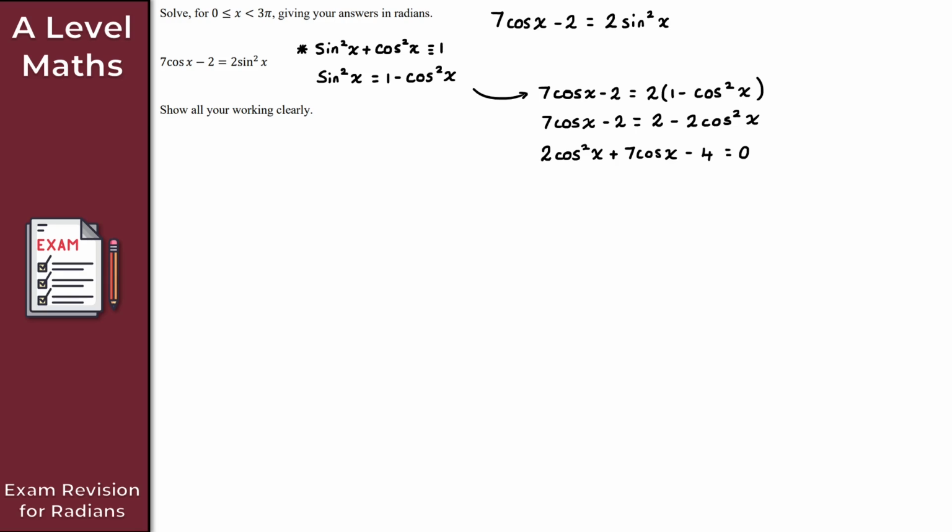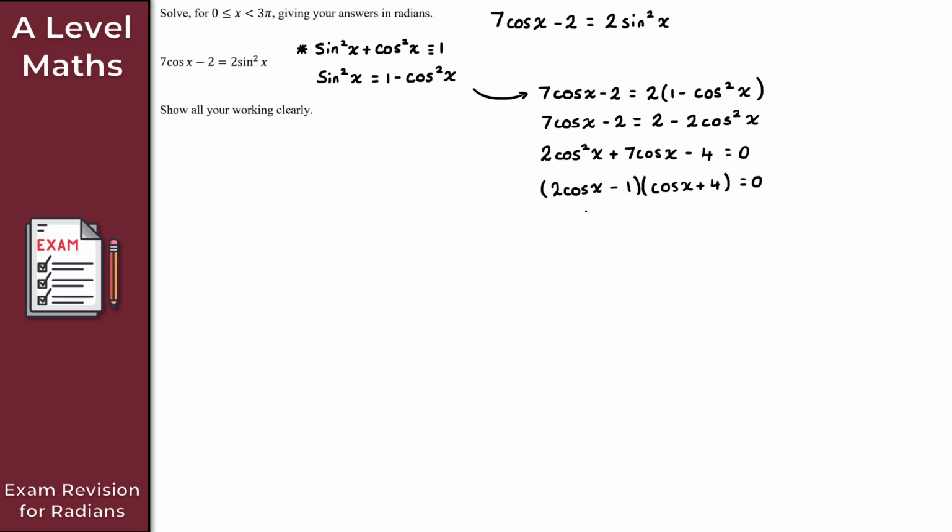So at this point, as we already mentioned, we want to hopefully solve this by factorizing. And the good news is that we can indeed factorize. So what we obtain is 2 cos x minus 1 in my first bracket. And then in the second bracket, cos x plus 4. And this is all equal to 0.